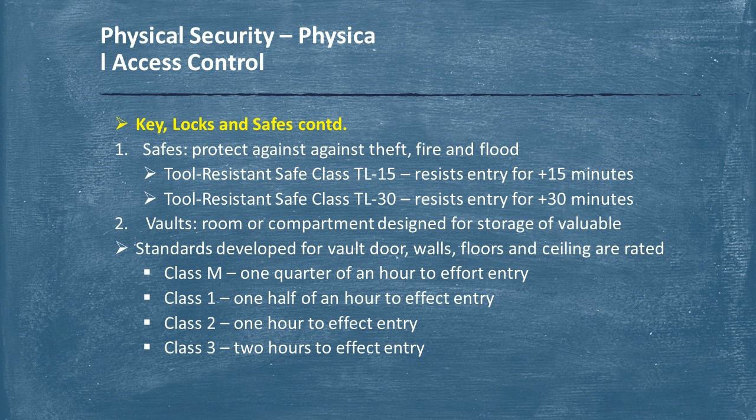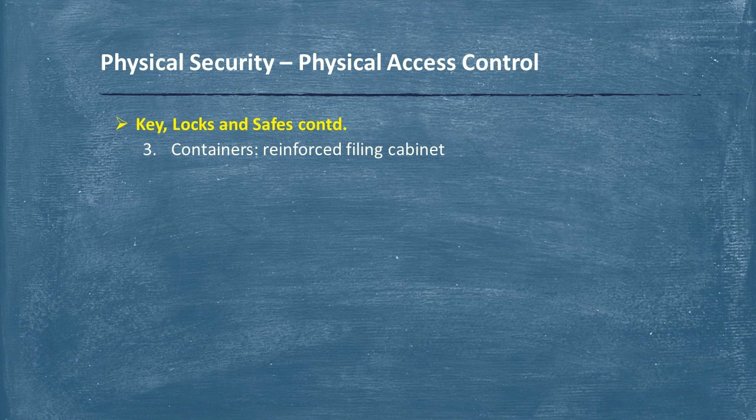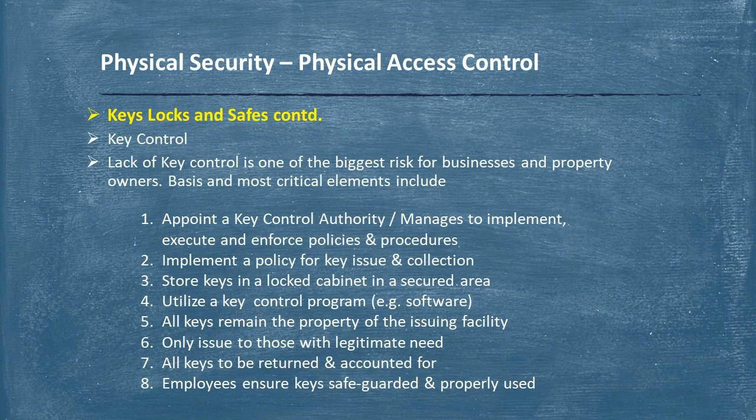It takes half an hour for class M, class 1 is 1 hour, and then 2 hours is class 3. These are all ratings provided. A vault is a room or compartment designed to store valuables, whereas a safe holds smaller items. Containers can also be a reinforced filing cabinet.